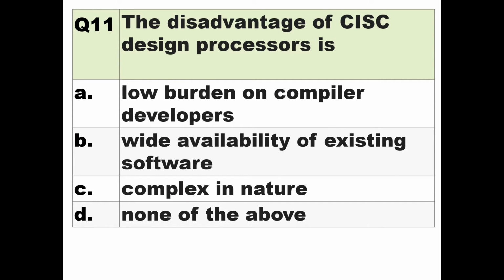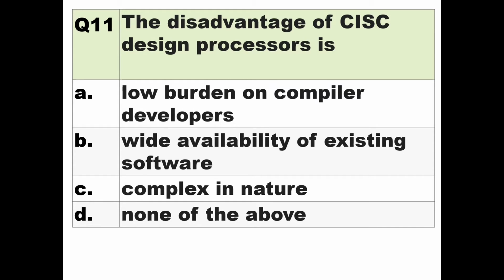The disadvantage of CISC designed processor is: option A is low burden on compiler developers, option B is wide availability of existing software, option C is complex in nature, and option D is none of the above.